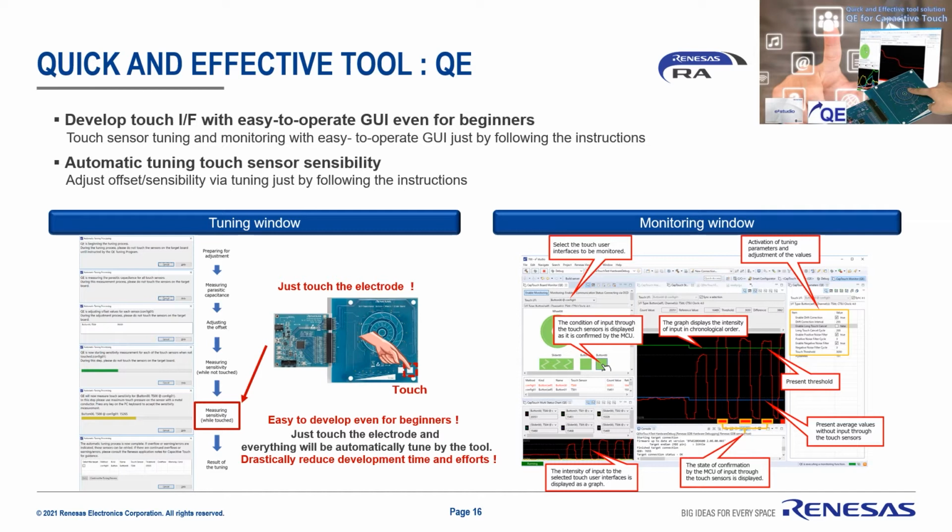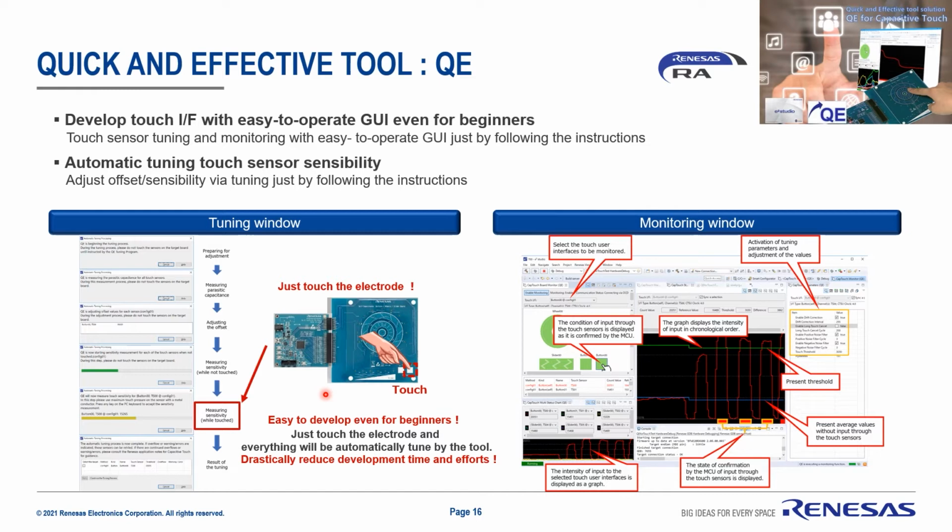As you can see, the concept is easy to develop, even for a beginner. You just need to configure the number of electrodes that you want to use and the type of electrode: wheel, slider, and key button. After that, the tool is going to auto-tune to define the parameters by itself.